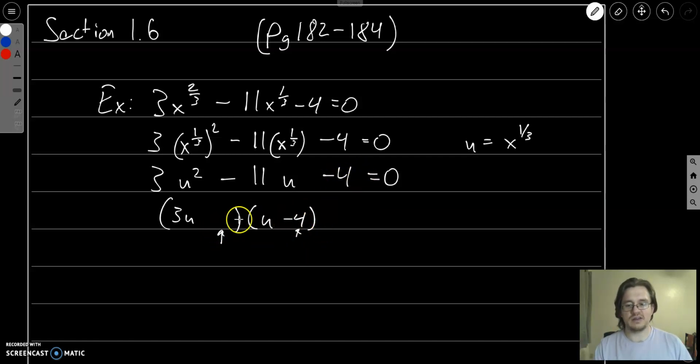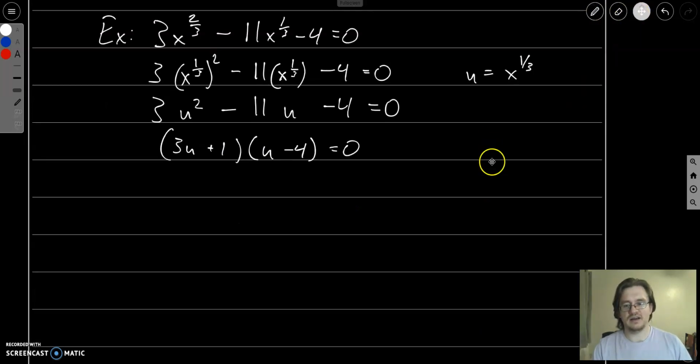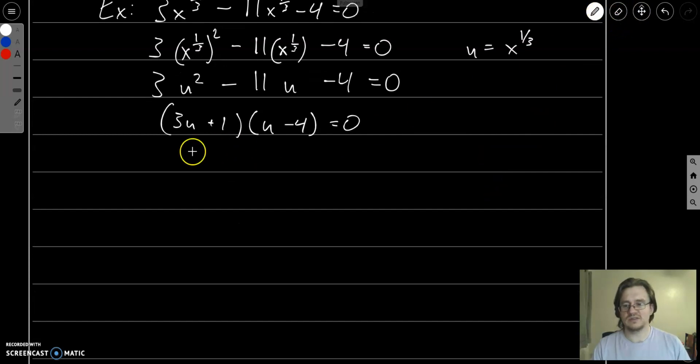As it turns out, if we do this in this order, everything will work out. We'll have 3u squared, 1 times -4 is -4, 3 times -4 is -12, plus 1 is -11. And all this is equal to 0.